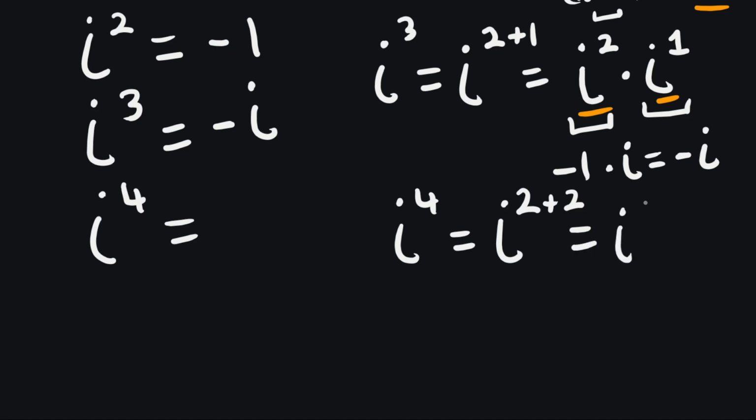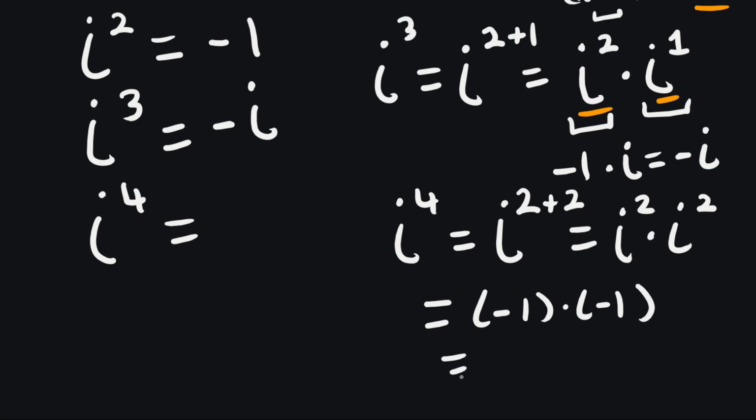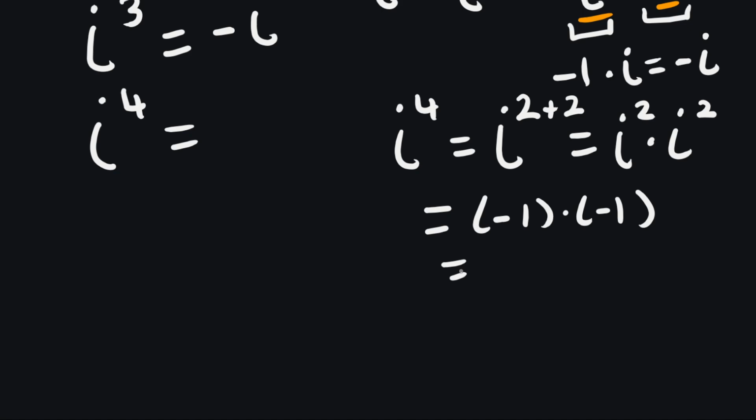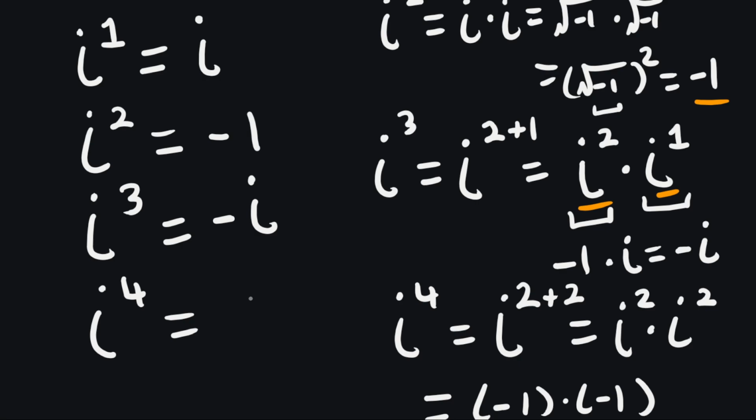Good, so that means it's i to the 2 times i to the 2, according to the product rule. And what's i squared? Like we said, i squared is -1, so -1 times -1. So what's 1 times 1? That's 1. And what's a negative times a negative? That's a positive. So -1 times -1 is simply +1. So i to the fourth power is just +1.